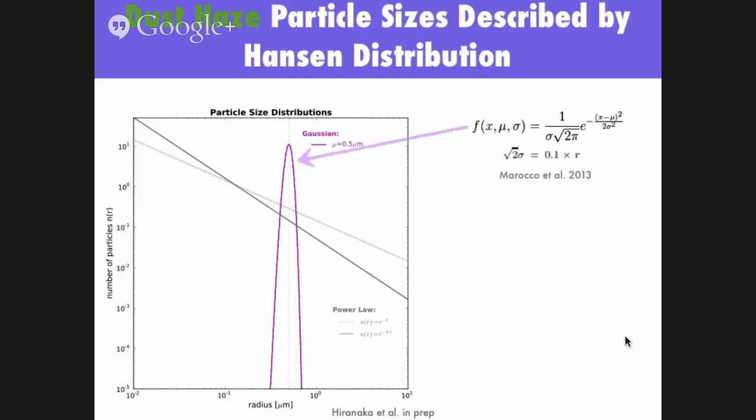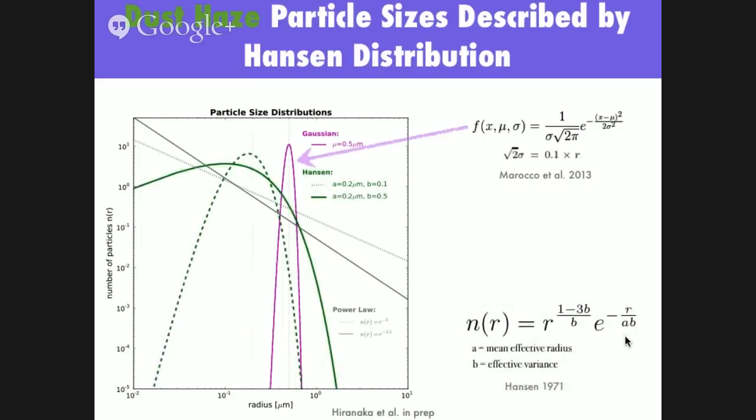And in green are Hansen distributions. The Hansen distribution describes the water droplets in the clouds of Earth that might also reflect the cloud formation in brown dwarf atmospheres. The Hansen distribution has two parameters. A is the mean effective radius, and B is the effective variance.